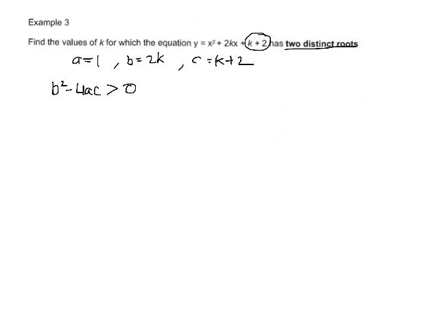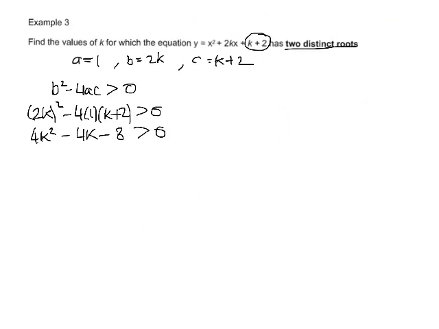So putting in our values of b, a and c, we've got 2k squared minus 4 times 1 times k plus 2 is greater than 0. So simplifying this, we've got 4k squared minus 4k minus 8 is greater than 0.